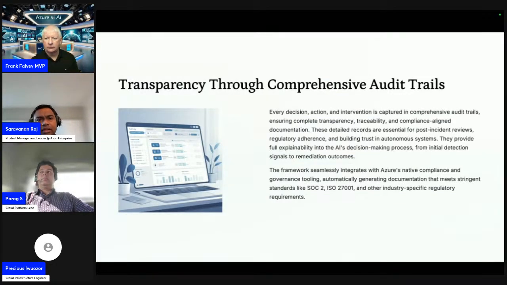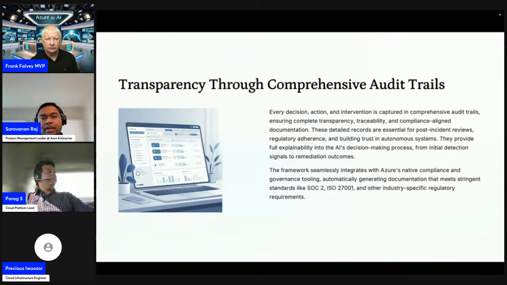And then the third pillar for the framework is the transparency through comprehensive audit trails. For every decision, we need the traceability and the transparency through explainable AI. So why did AI take the step it took?